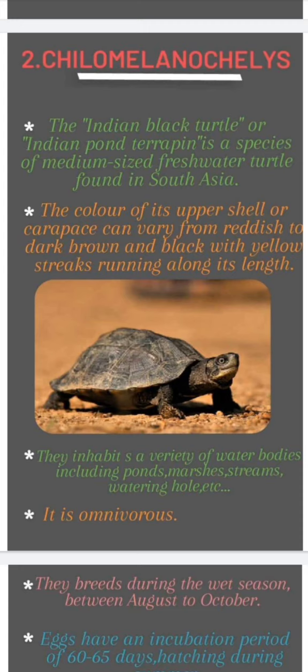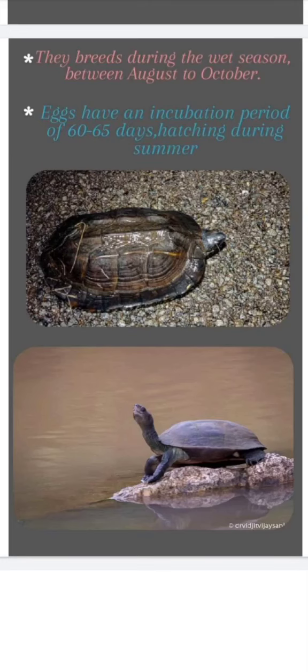They inhabit a variety of water bodies including ponds, marshes, streams, watering holes, etc. It is omnivorous. They breed during the wet season between August to October. Eggs have an incubation period of 60 to 65 days, hatching during summer.